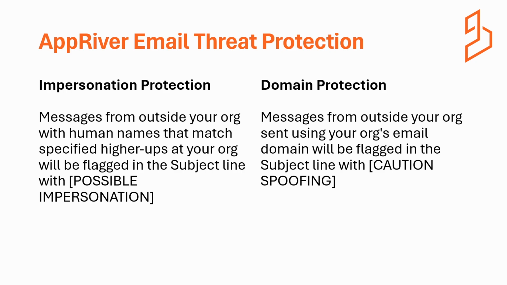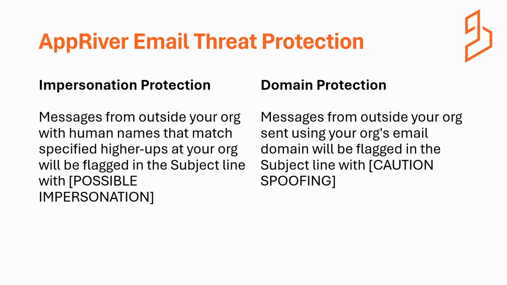Let's say your CEO's name is Doug Duckworth. You may get an email that says Doug Duckworth on it, but it's really coming from an @gmail.com address and not Doug's actual work email address.